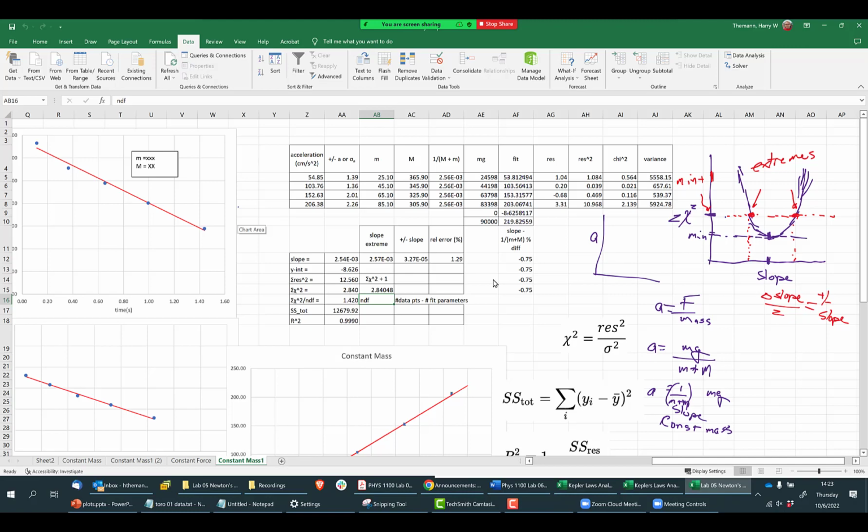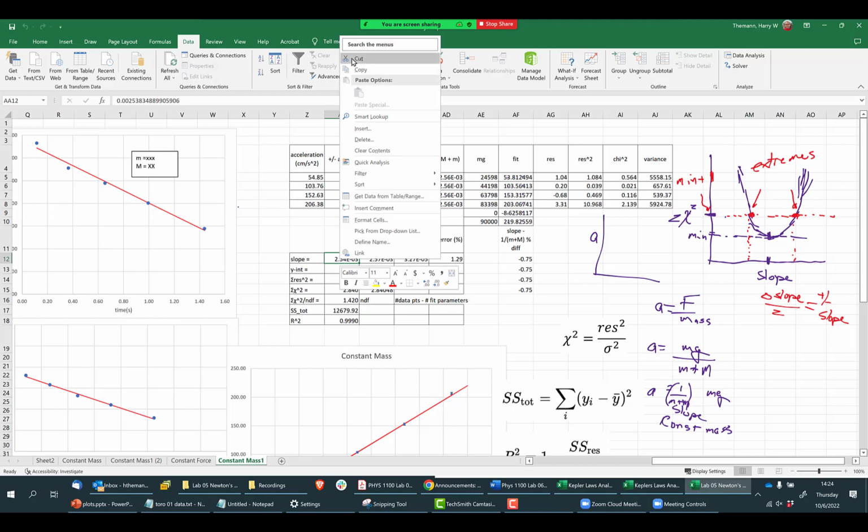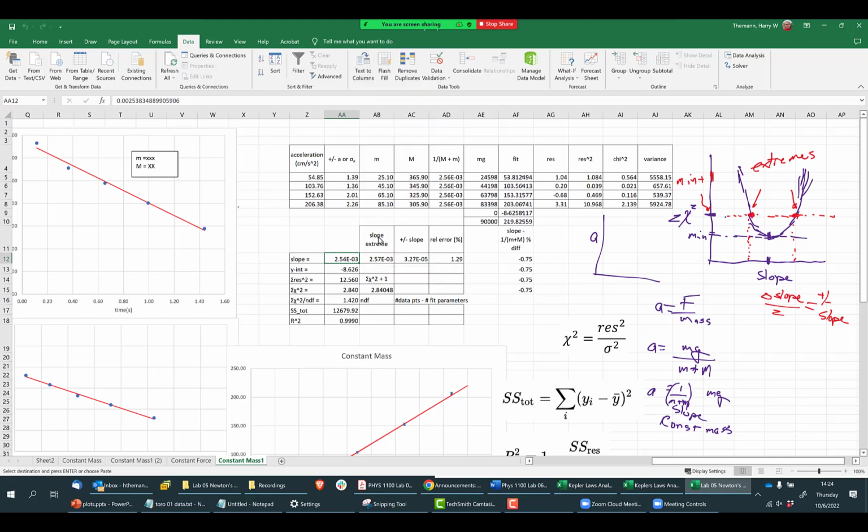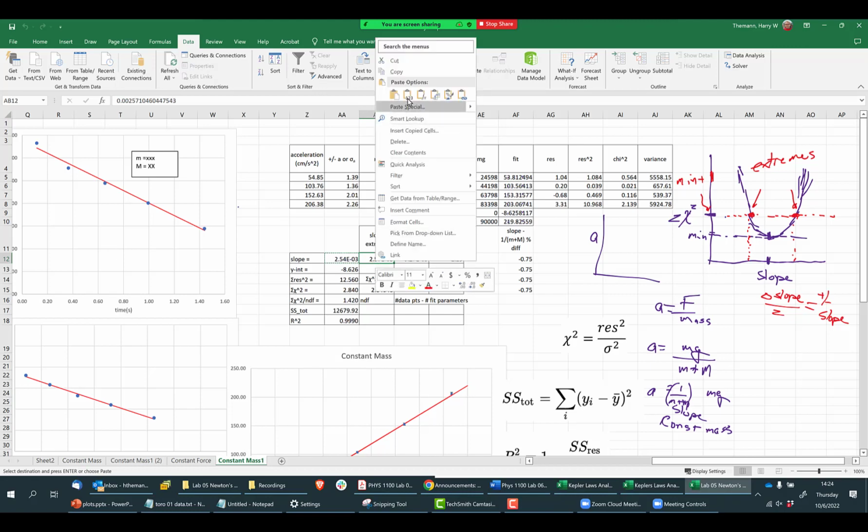And it could have given me something that's higher because there's two different ones, right? So that's why I said extreme and not the plus slope. So now what we do is we take this number, copy it, and again paste as numbers only.